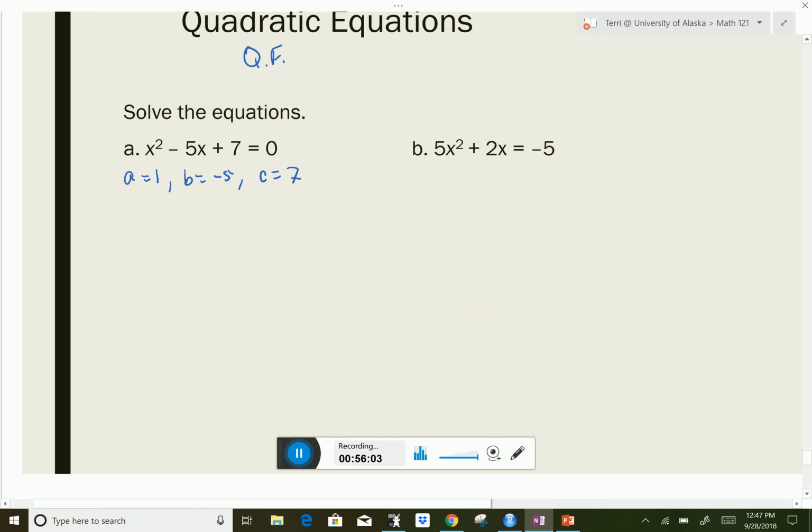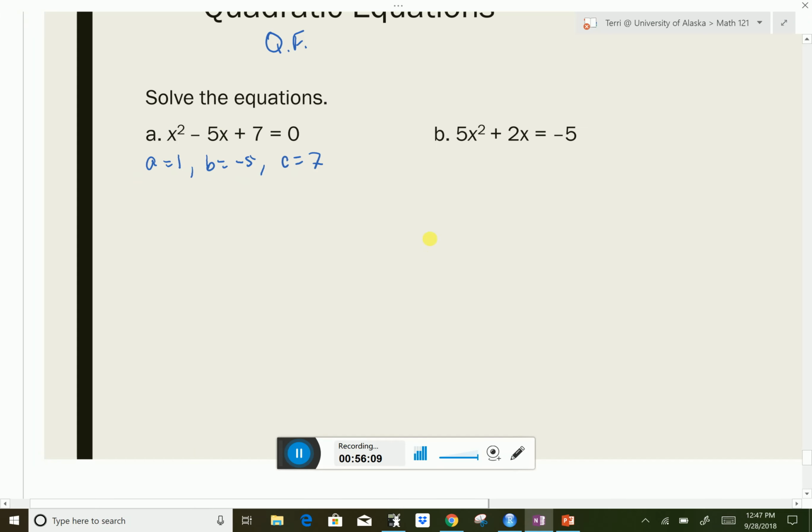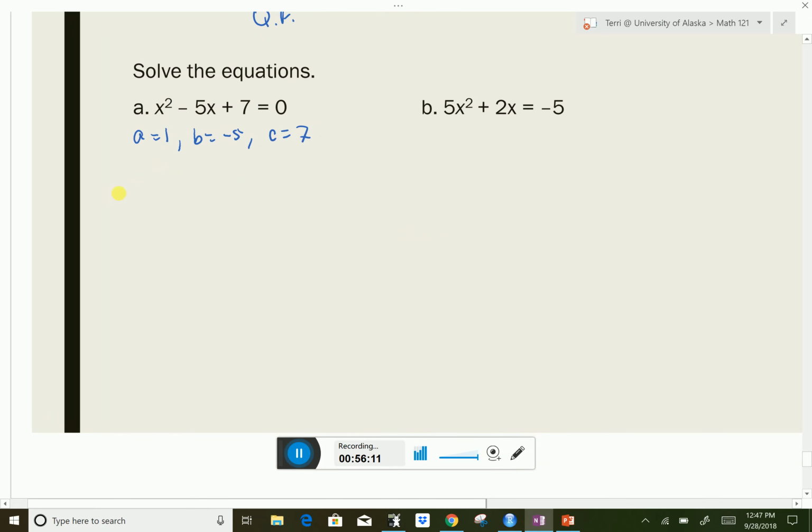So we have to do this using the quadratic formula. a equals 1, b equals negative 5, c equals 7. So we have negative b plus or minus the square root of, remember, I want this in parentheses, b squared minus 4ac, all over 2a.